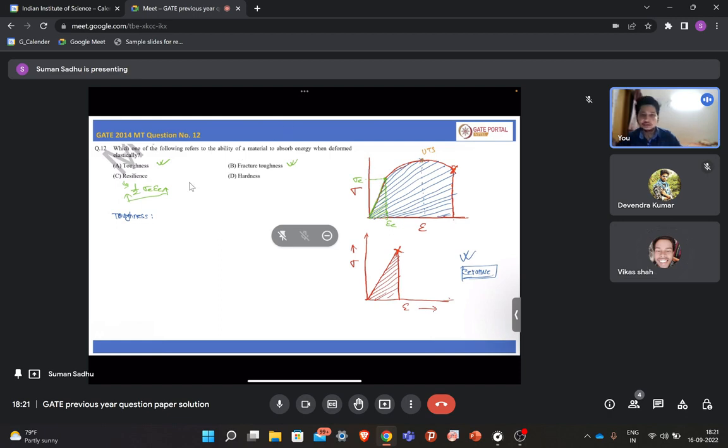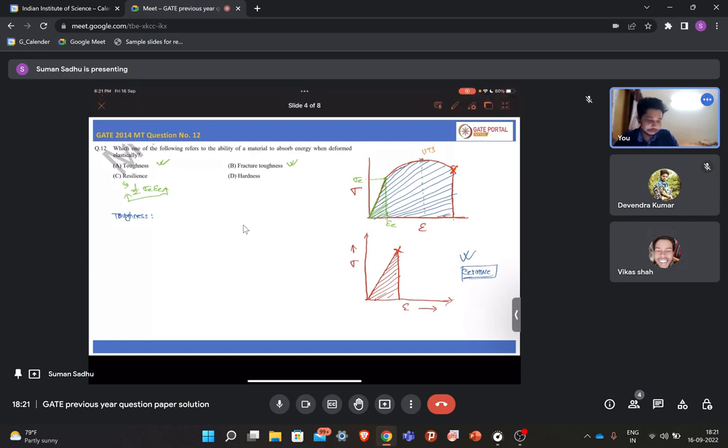And what is modulus of elasticity or elastic modulus? I think you have heard this term. Stress by strain. Yeah, so from this diagram, what is this basically? What is modulus of elasticity?